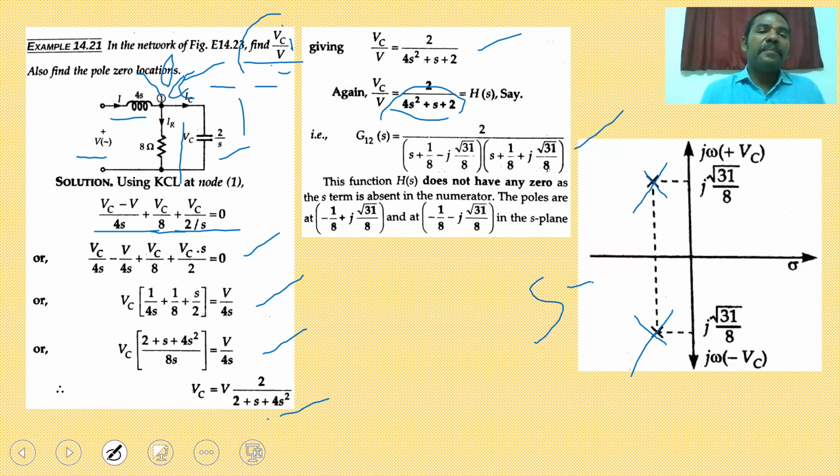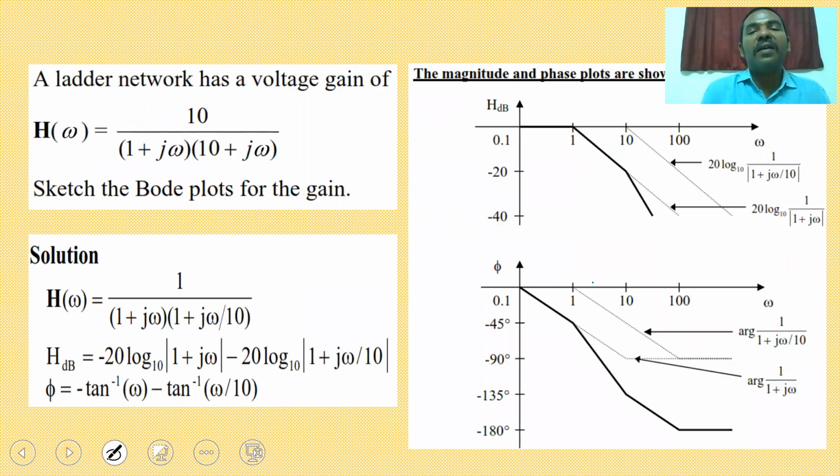So similarly, how you have to go for the Bode plots, or magnitude and phase plots. Here I have taken a Bode plot. So the given transfer function is 10 divided by (1 plus j omega) into (10 plus j omega). So H of omega is equal to, dividing by 10, 1 by (1 plus j omega) into (1 plus j omega by 10).